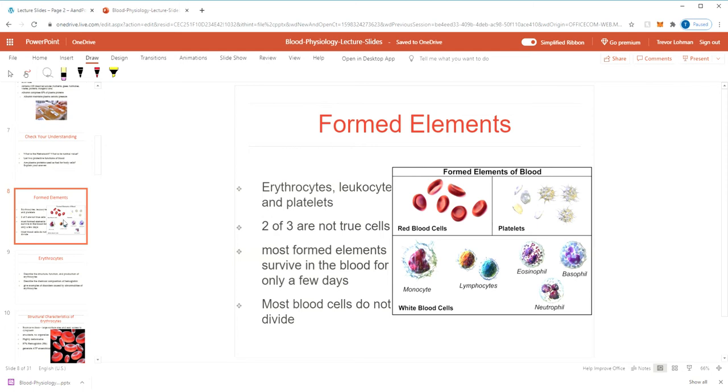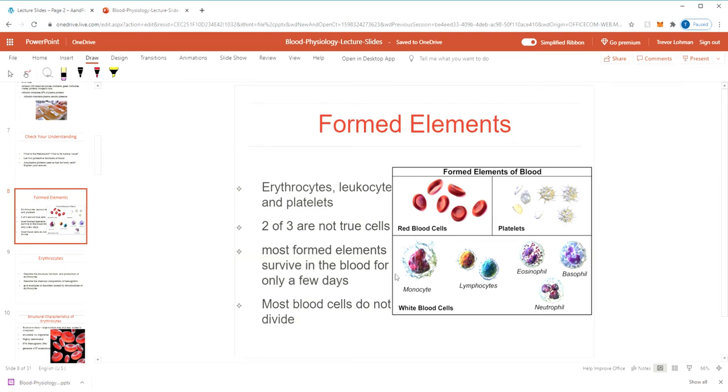Two of those are actually not even cells. Red blood cells are not cells, which is a bit confusing because they're called red blood cells. And then platelets are fragments of these really large cells called megakaryocytes that are within your red marrow, within your bones. So the only one of these three formed elements that are actually cells are white blood cells.